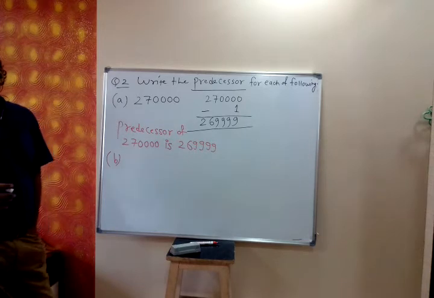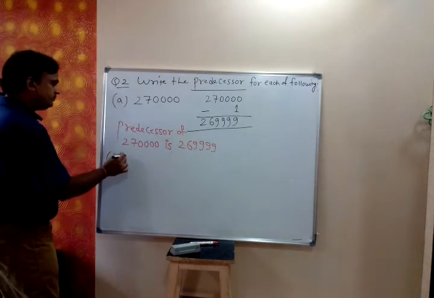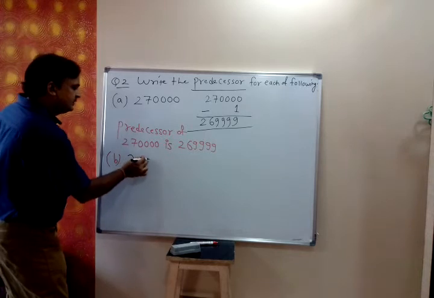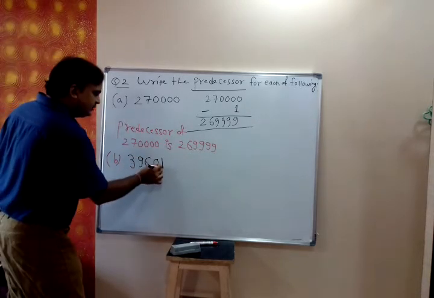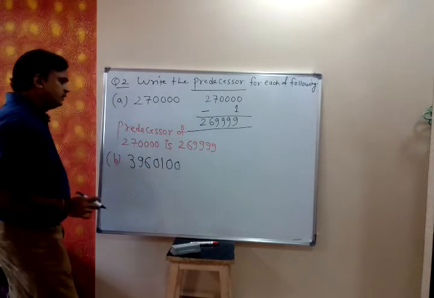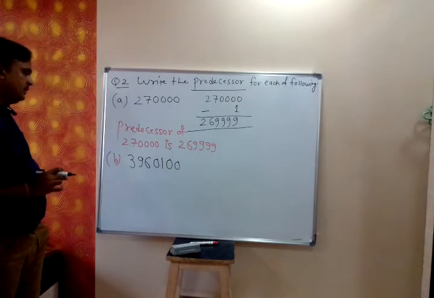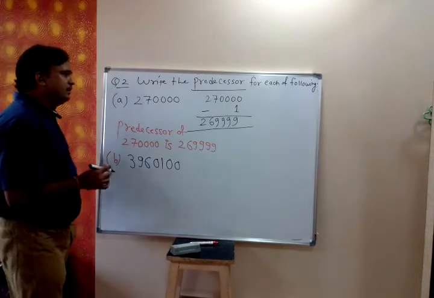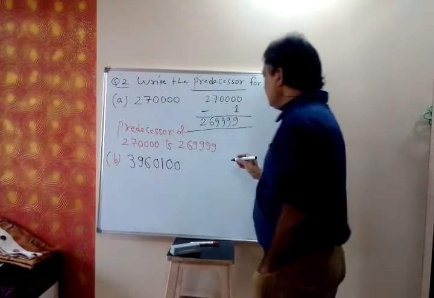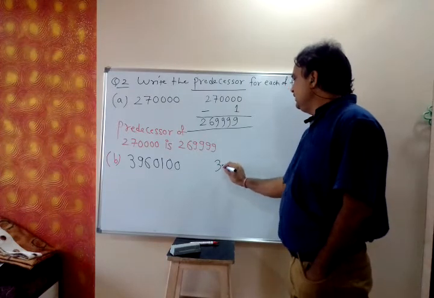Then the second is 39,60,100. So find the predecessor of this.